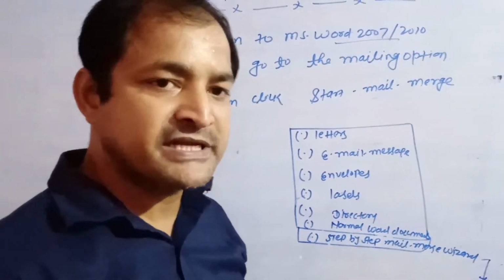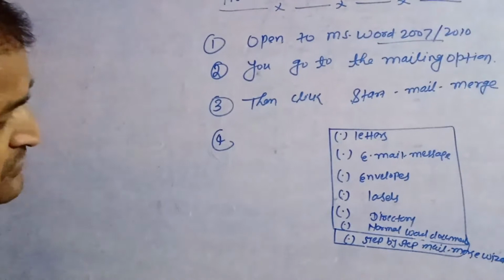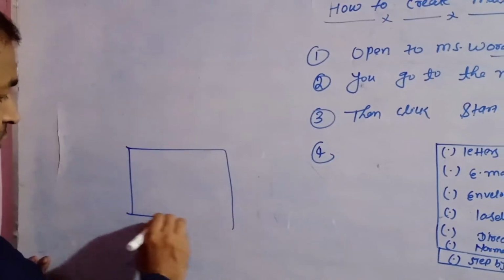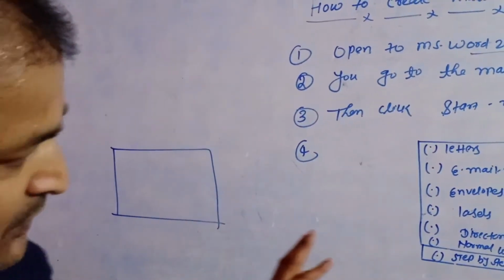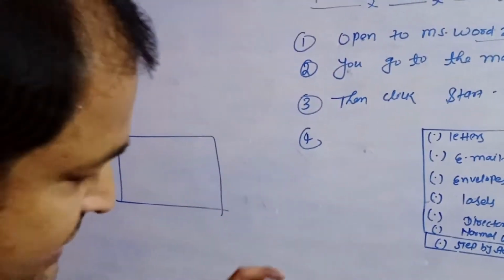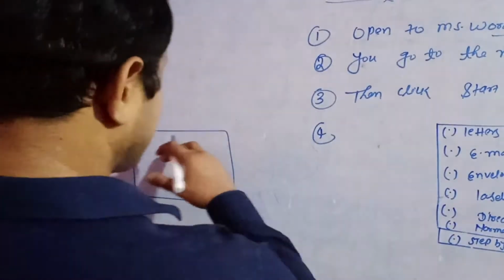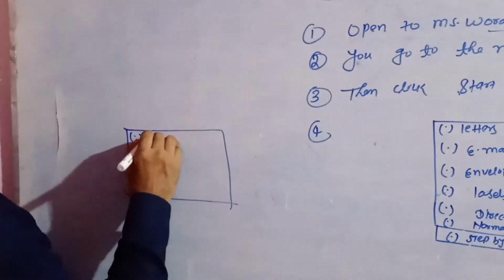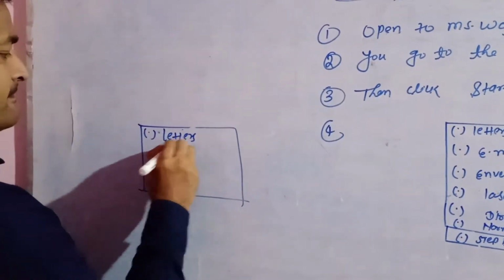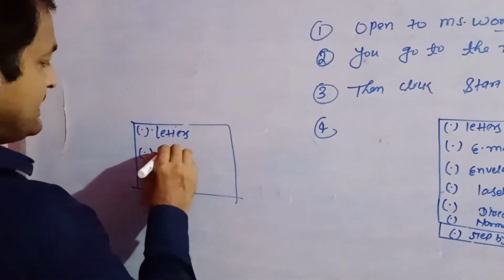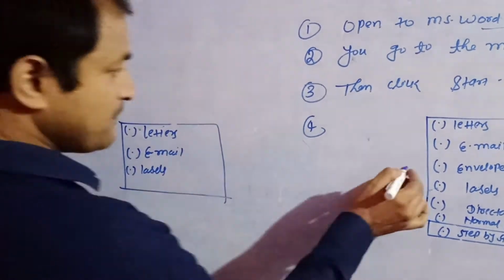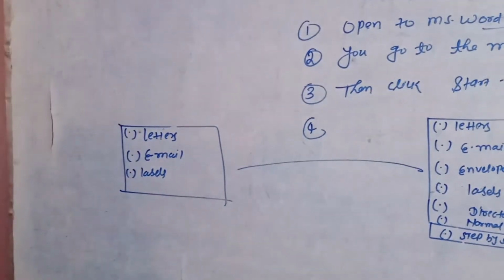Then click the step by step mail merge wizard. Then again one dialog box appears in front of you: letters, email, envelopes, labels, directory. All of our parts are also in this dialog box.